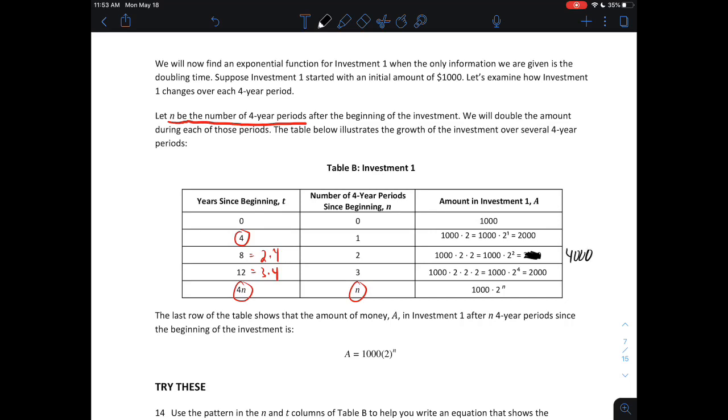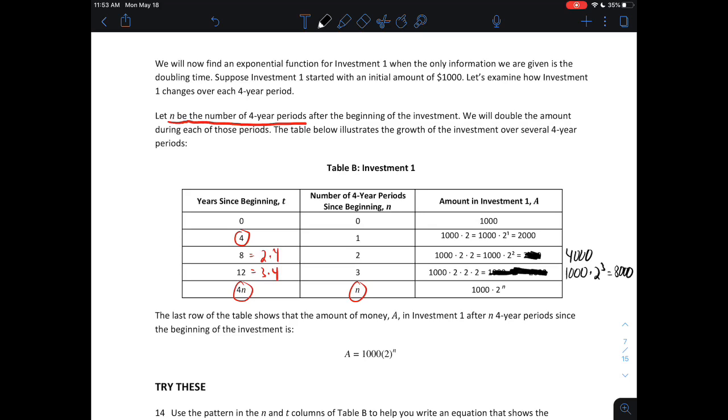And then at the end of the third 4-year period, so that would be 12 years later, we start with 1,000, then multiply by 2 once, then 2 for a second time, and then 2 for a third time. That would be 1,000 times 2 to the third, which is the same thing as 1,000 times 8, which is 8,000.